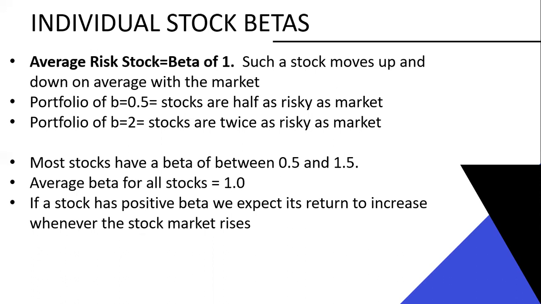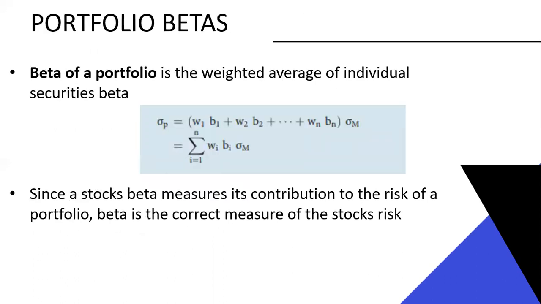Well, this basically means that the stocks are twice as risky as the market. Most stocks in general have a beta of between 0.5 and 1.5, and the average beta of all stocks is 1. If a stock has a positive beta, we expect its returns to increase whenever the stock market rises. That makes sense because, as we discussed, it goes up and down according to the market.